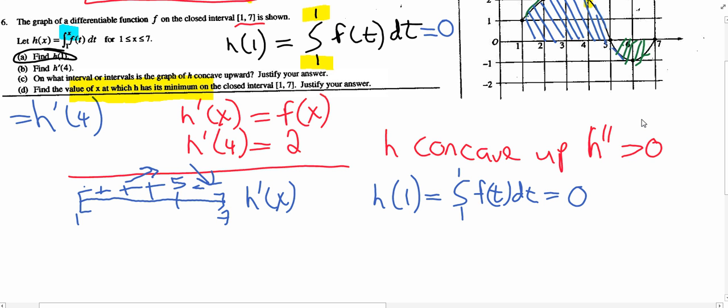I guess we could say that h of 7 is equal to the integral from 1 to 7 of f of t dt, and we could say that it's greater than 0.